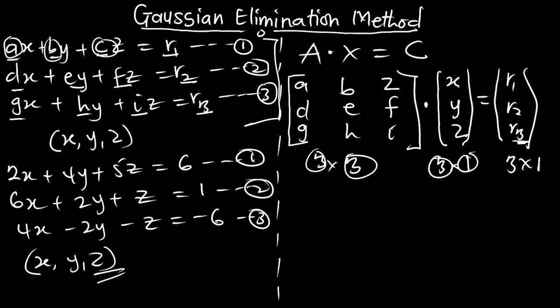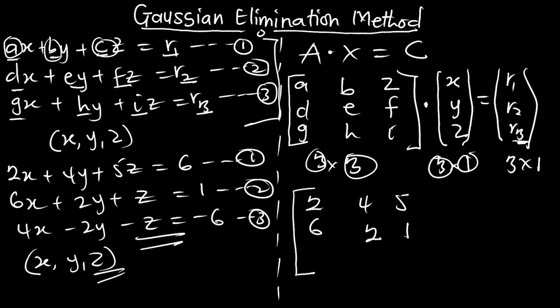The first thing is how to write the matrix from the system of equations. So let's look at this second part. We can write the matrix from these equations as we start from the first equation, that is going to be 2, 4, 5, and this is going to be 6, 2, 1.